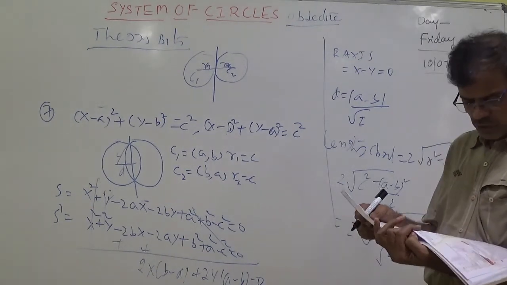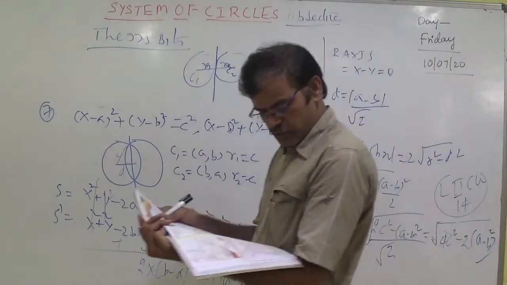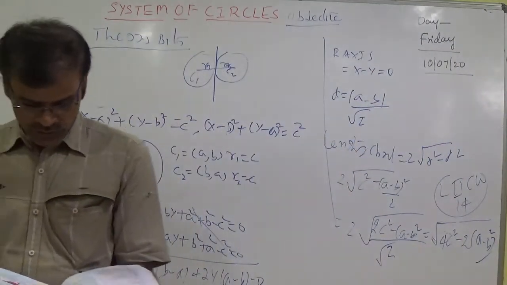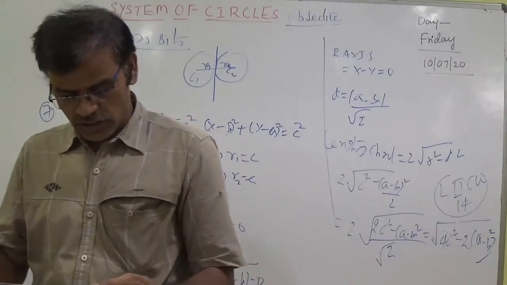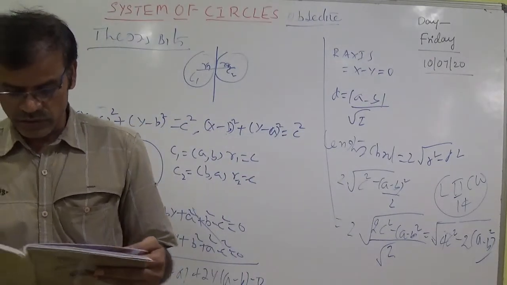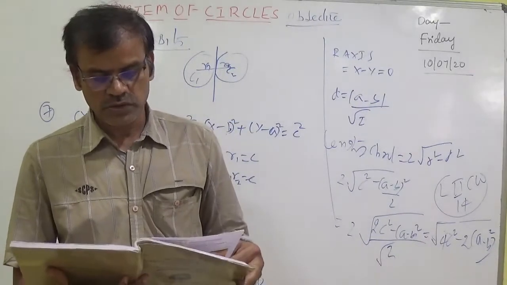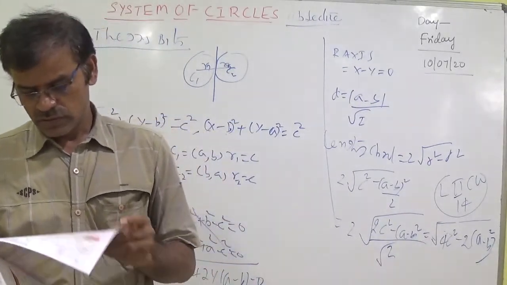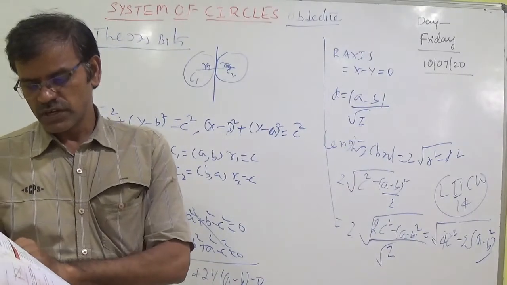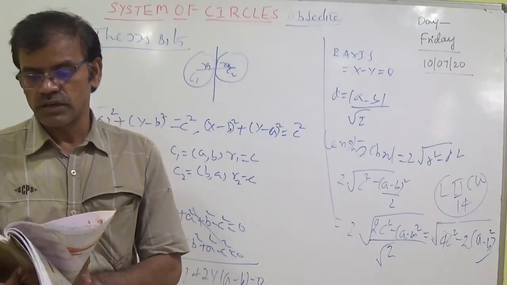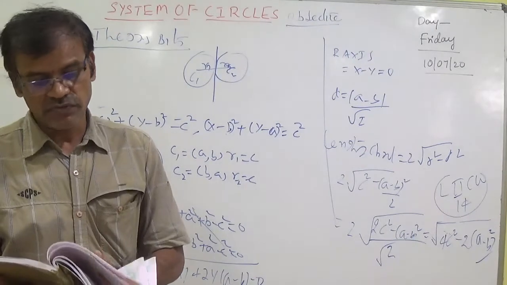Level 2 classwork, 14th question. And based on the same question, the 10th question, one question is there in level 2 classwork. Let us verify once. If a circle passing through a comma b, otherwise level 2 homework is also there, once again verify.